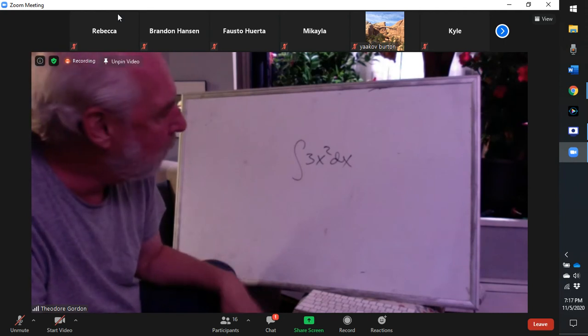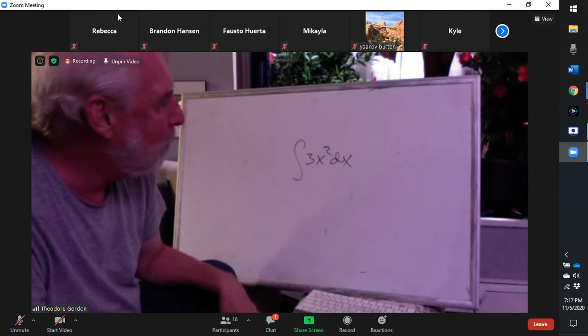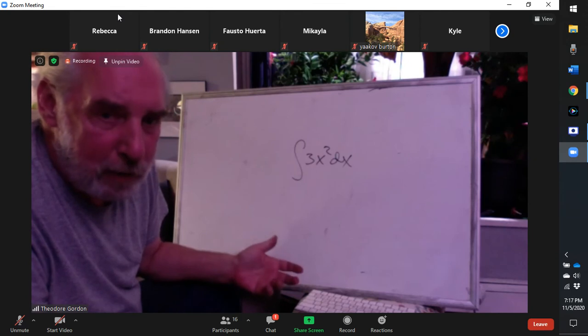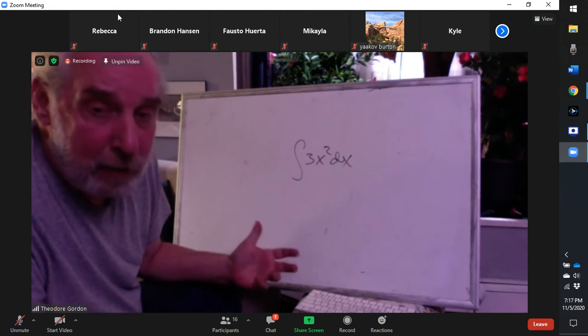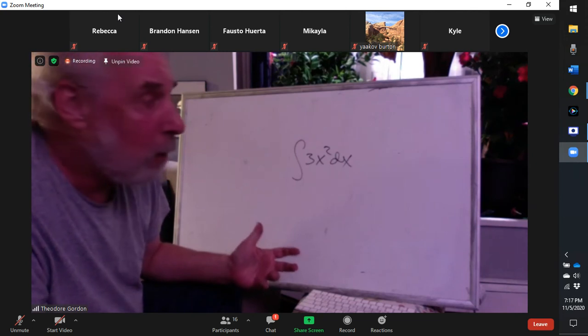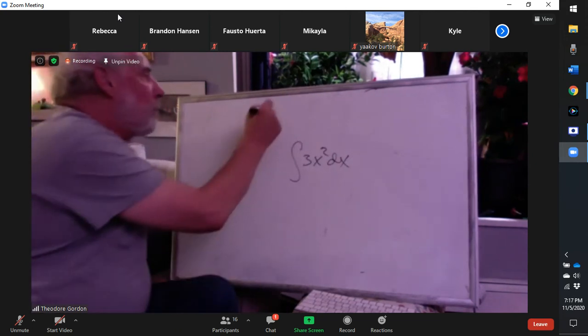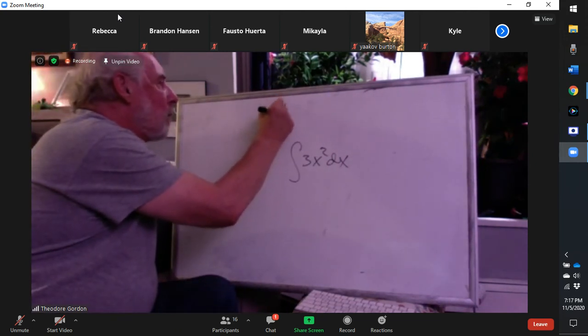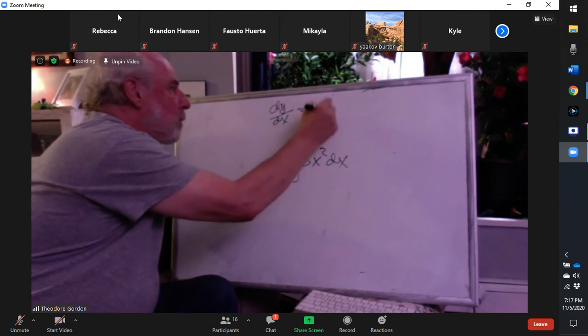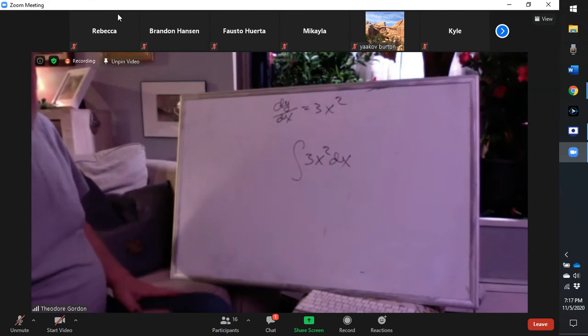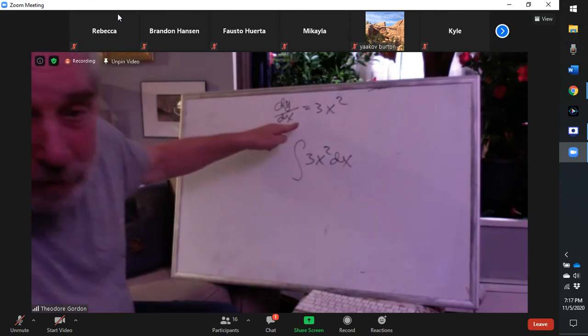And you might think to yourself, how can that even be an equation? There's no equal sign. And it's because the rest of the problem has actually been left out. So if you start with a derivative, if we say that the derivative dy dx is equal to 3x squared, right? That's a differential equation.